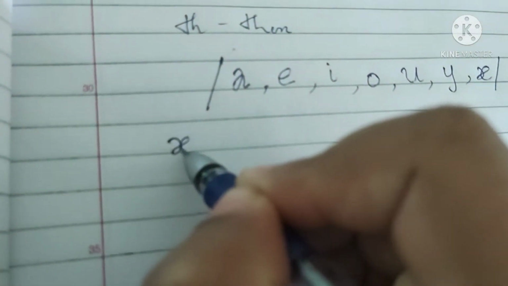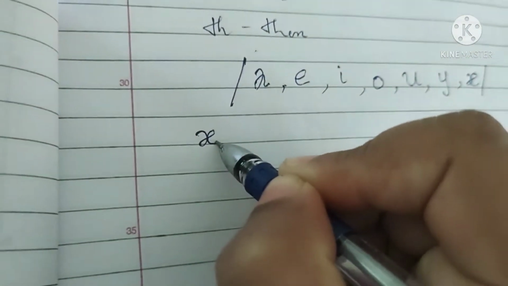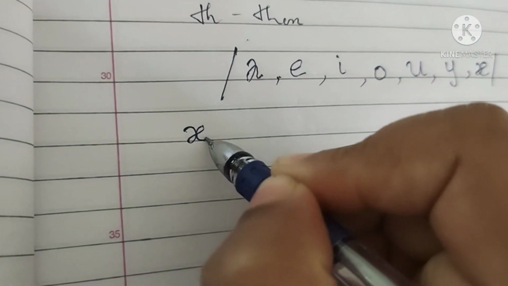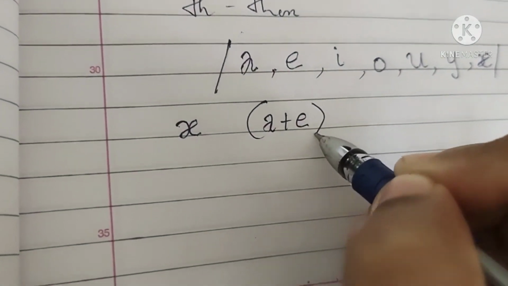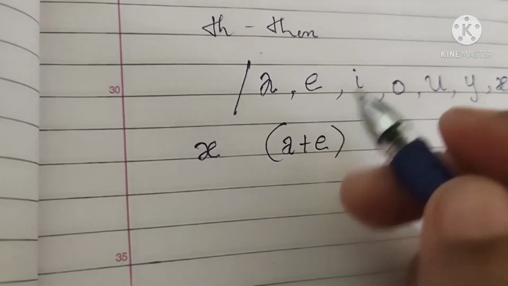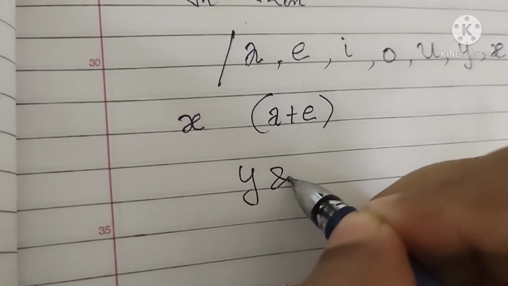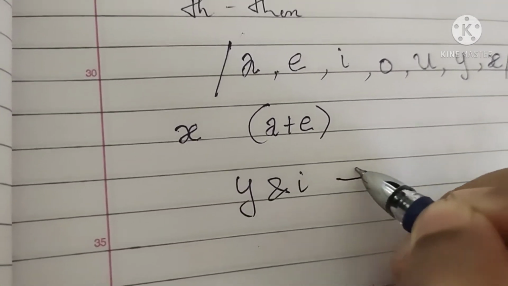Now this symbol is even there in present modern English phonetics. It is a combination of a and e. This combination was the speciality of Old English. Symbols y and e later became the same as e.